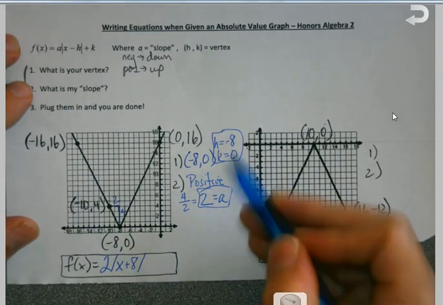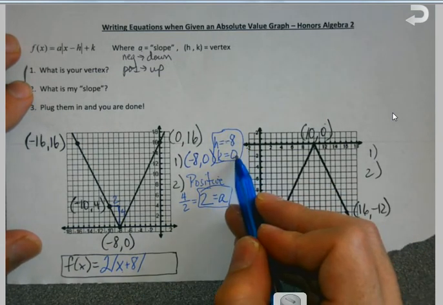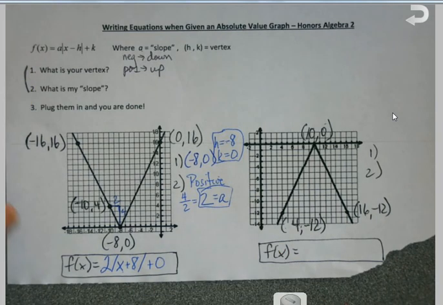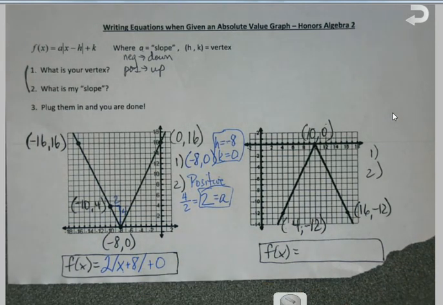So it's going to be the opposite of whatever your vertex's H value is. And then if you have a K value, that would go out here on the end. But I don't have to have the plus 0 there. If it's 0, I just assume it is. So if you just wrote that, that'd be okay. But that's how this is going to work each time.